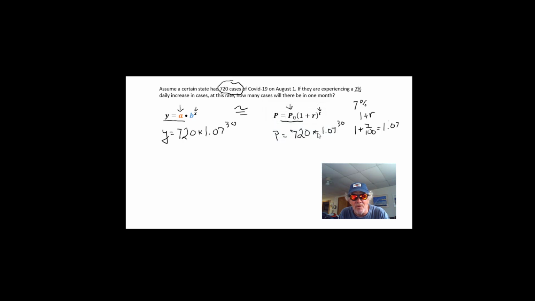I just want to use the raise to button. So I'm going to do it on my calculator out here, and I'm going to go 720 times 1.07 raised to the 30th power. I'm hitting enter, and I get 5481, which shouldn't be any surprise, which is exactly what I got with Excel, only here I did it in one step.